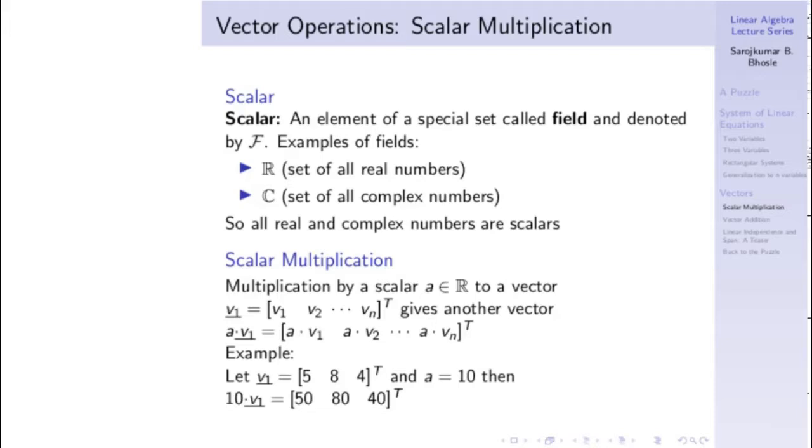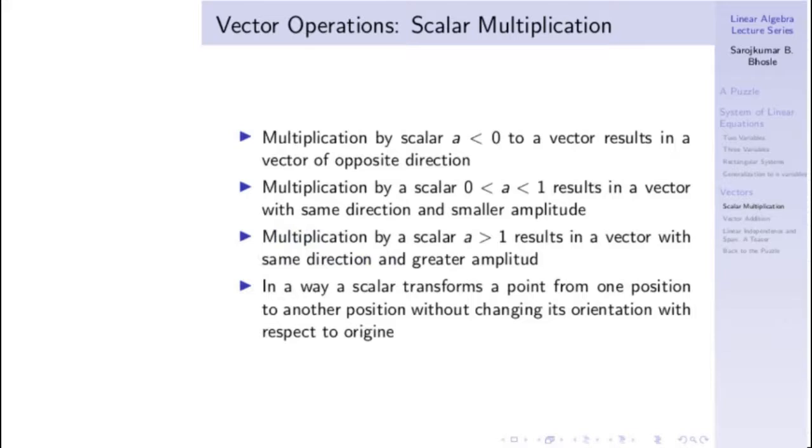But the important part comes next, which is the geometrical meaning of scalar multiplication. Multiplication of a vector by a scalar less than 0 results in a vector that has direction opposite to the original vector. Second, if we multiply a vector by a scalar which lies between 0 and 1, it results in a vector that has shorter length than the previous one and the same direction.